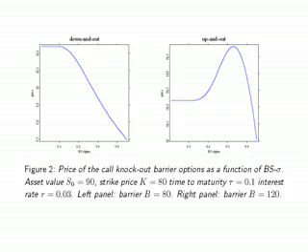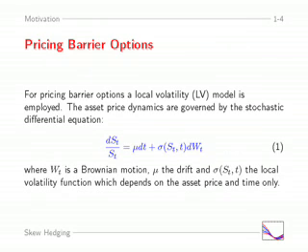Another problem which can arise is that two different volatilities can give one price, and it can also happen that the price of the option is a decreasing function of volatility. So in order to price the barrier options, we use local volatility models.